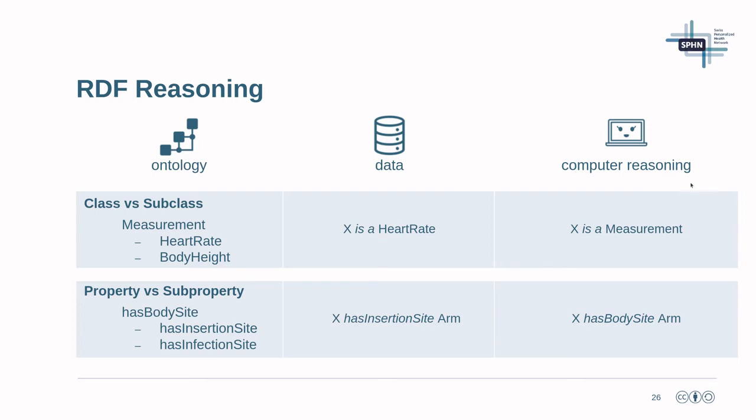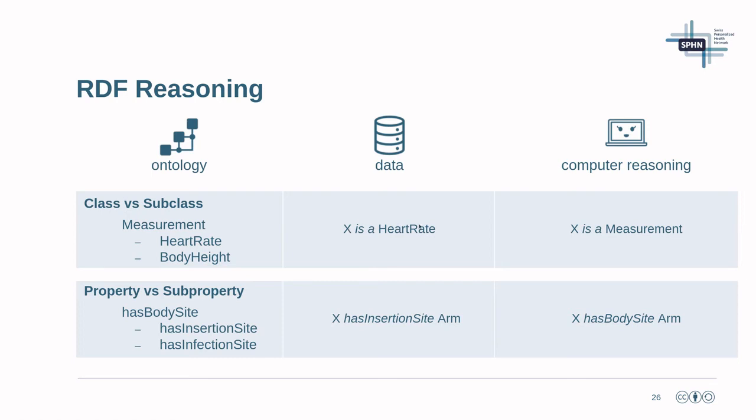With RDF, the computer is able to do some reasoning. When there is a hierarchy given in the classes or the properties, you can infer some type of knowledge. Given that X is a heart rate, the computer is able to reason that X is also a type of measurement, because we know that heart rate is a type of measurement.